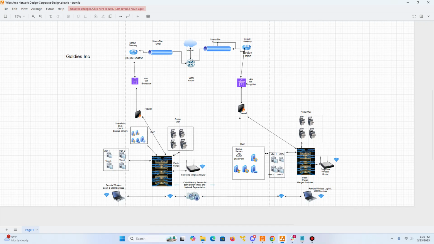Also, this cloud service can be used as a backup of a backup. For instance, information from the two DMZs can also be stored on the cloud backup in a location that's away from the two offices.